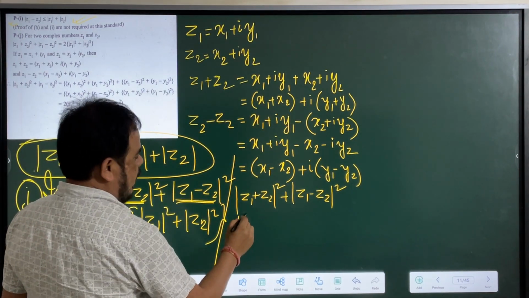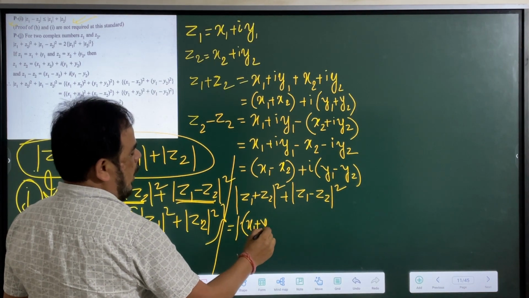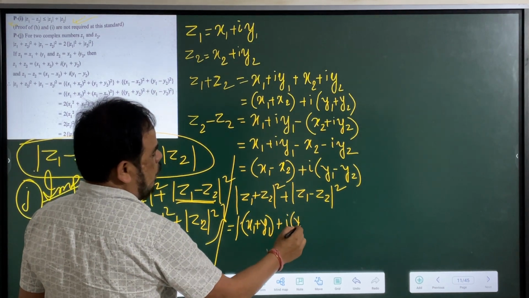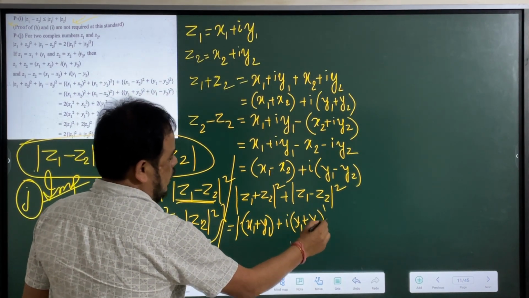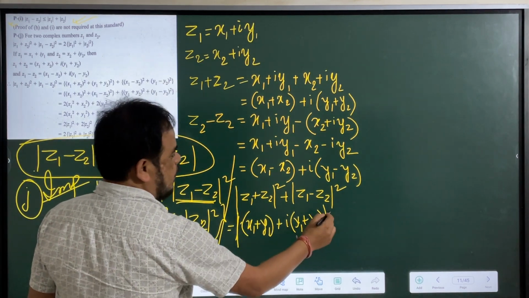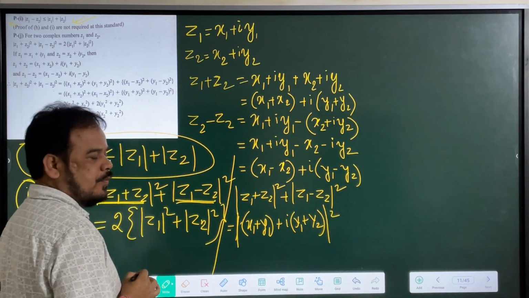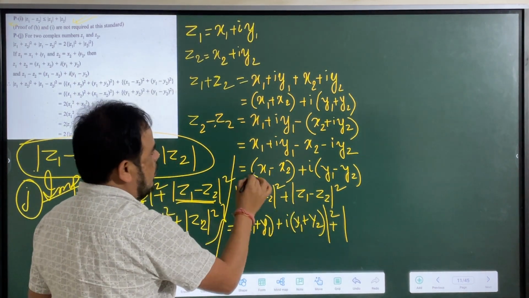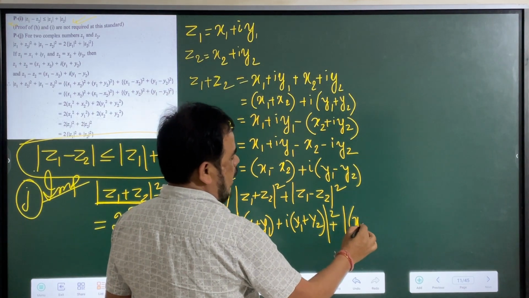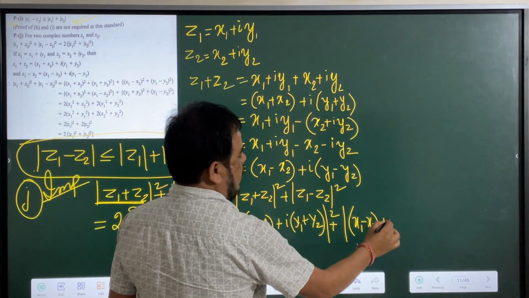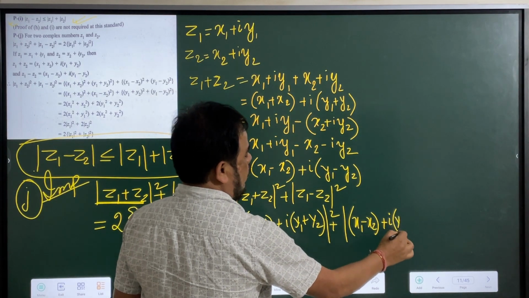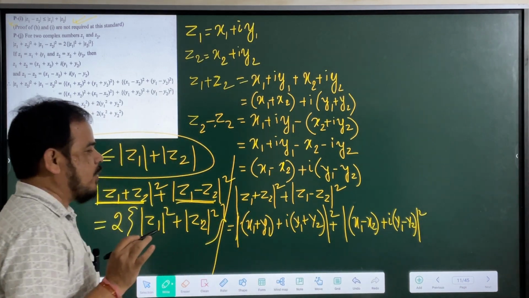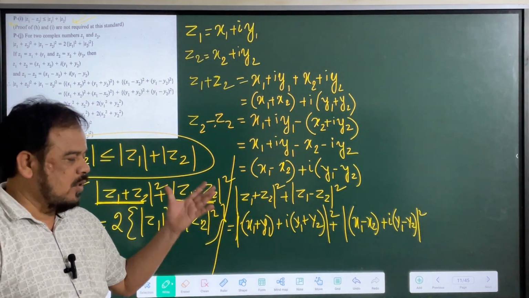What we have got? x1 plus x2 plus i times y1 plus y2, whole square. Plus modulus of Z1 minus Z2, which we have done already: x1 minus x2 plus i times y1 minus y2, whole square. I have done nothing, I have just put in the values.